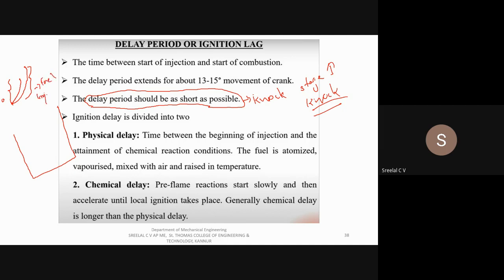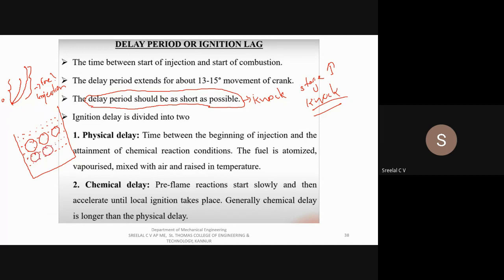If the first stage is increased, by so many factors, which we will be discussing later, more and more fuel will be accommodated in the combustion chamber.